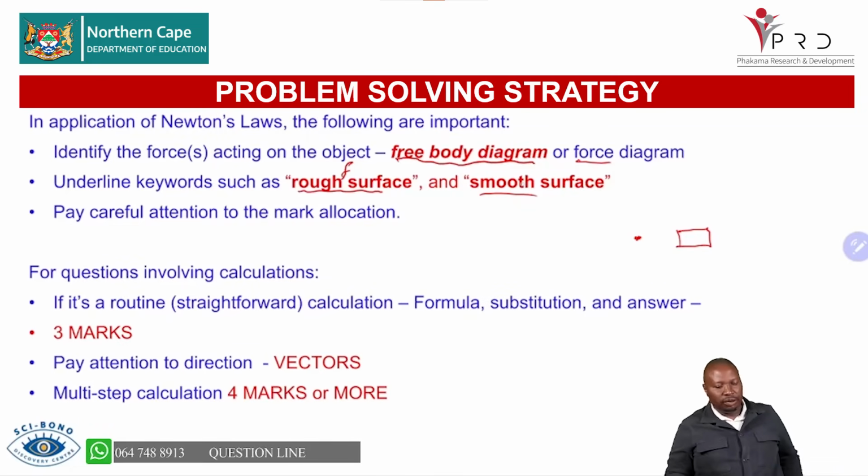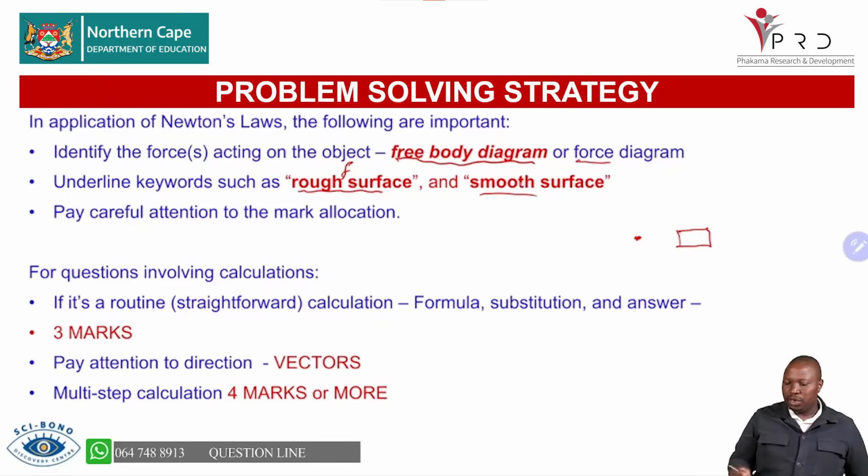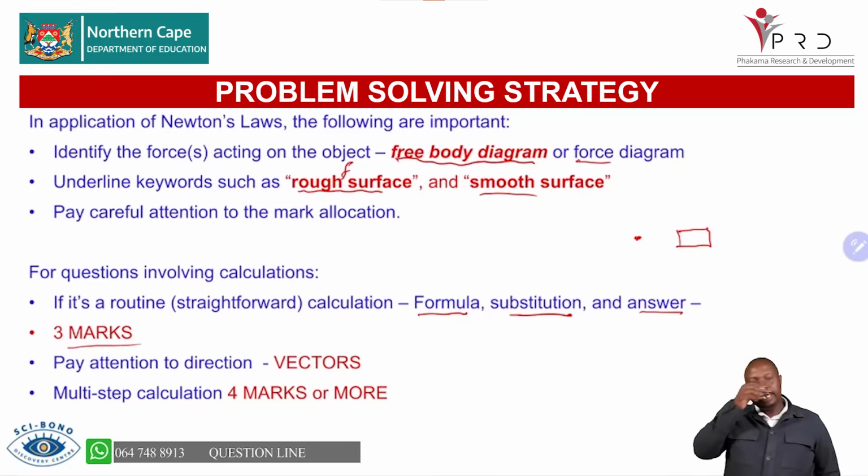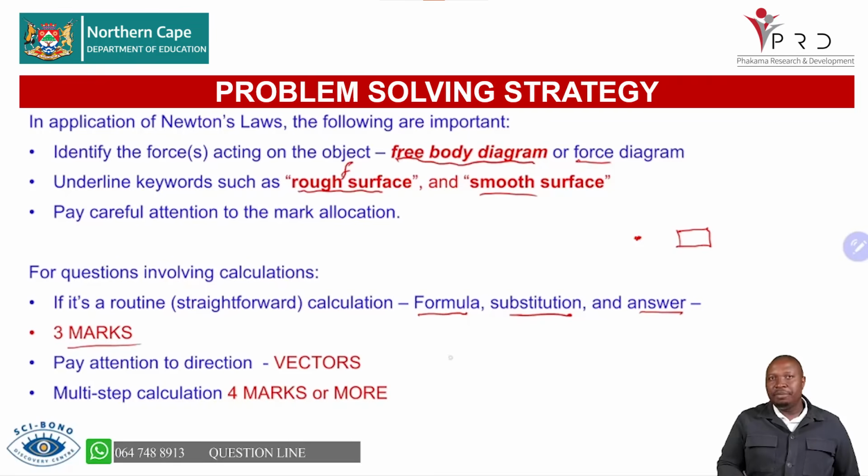For questions involving routine calculations, you just have to identify the formula, substitute, and get the answer, and that is your 3 marks. Hence, we've always been emphasizing that here in paper 1 more especially, you give the formula, substitution, and you get your answer with correct SI unit and direction.